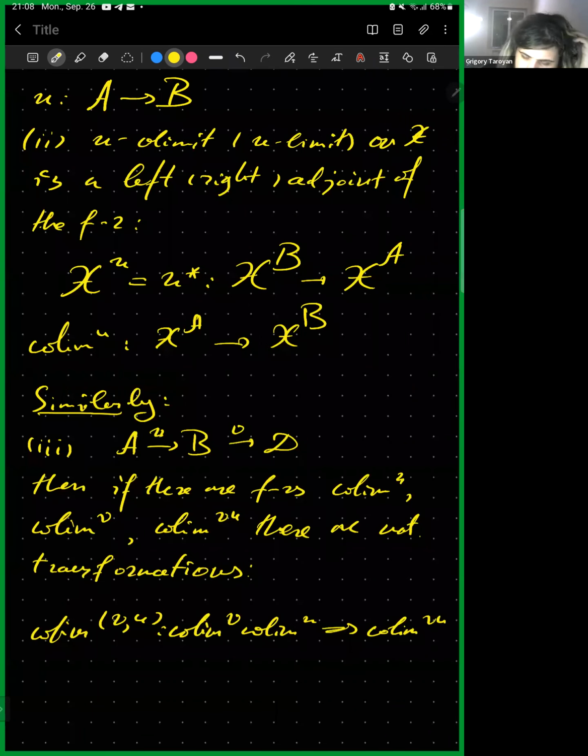And so the similar holds for limit functors. And so this natural transformation is conjugate to the identity natural transformation which we have between the composition of functors between diagram categories.